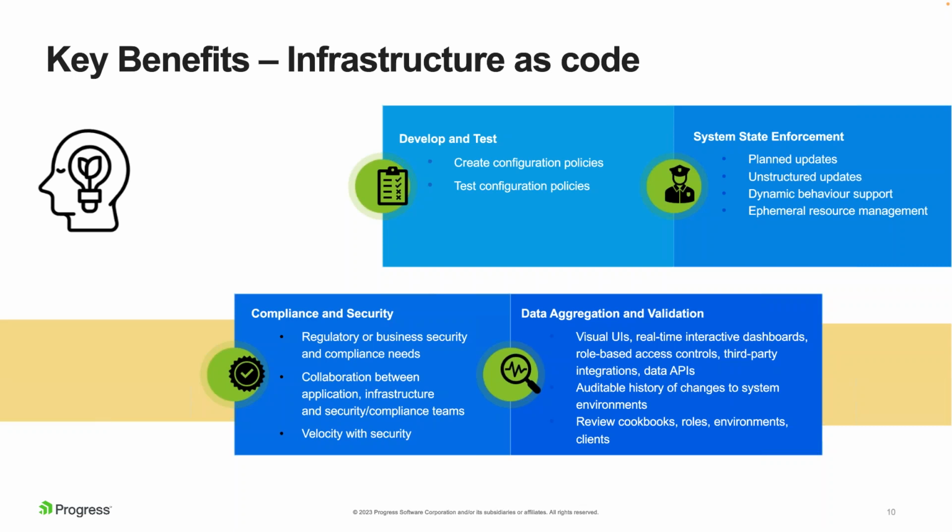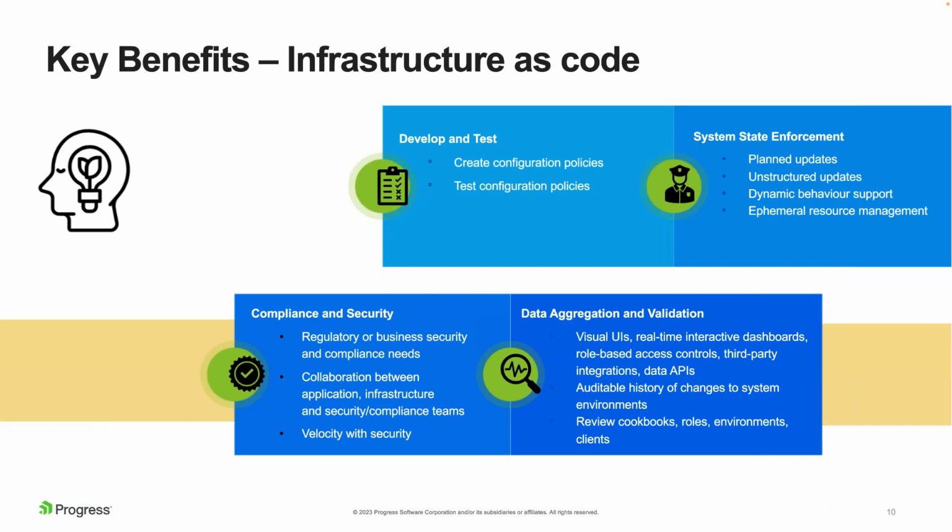Infrastructure as code allows us to not only develop the kind of configuration policies that we want to see in our IT ecosystems, it also helps us test them before we push them to production. It helps enforce system states irrespective of the kind of updates they are, whether they are planned updates that take place at scheduled intervals, or they are unstructured updates that need to be run on selective group of servers within your network.